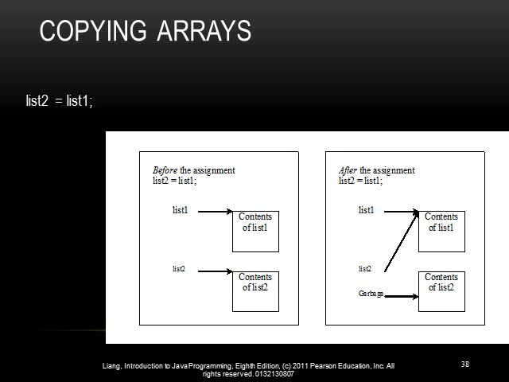And as you can visually see, simply using the assignment operator, list2 equals list1, results only in list2 pointing to the list1 array. We have not copied the contents, and in fact, the original list2 array has become orphaned and is considered garbage.